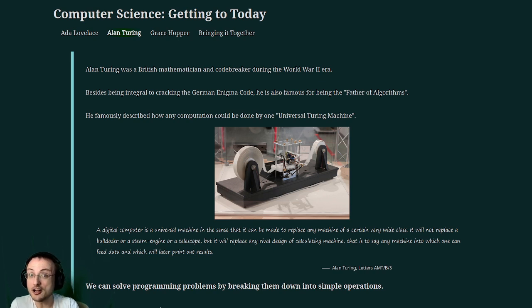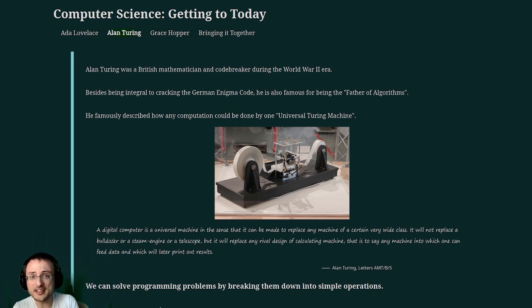Alan Turing's big contribution here was that he described a universal Turing machine, which was basically an infinitely long roll of tape that could have any number of symbols written on it, and a small camera that could interpret this symbol and, based on the symbol that was in front of it in the tape, somehow change its internal state, and then move the tape to the left or the right, or say it's all done.